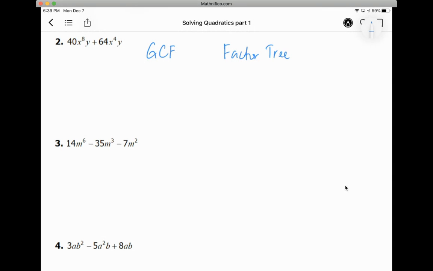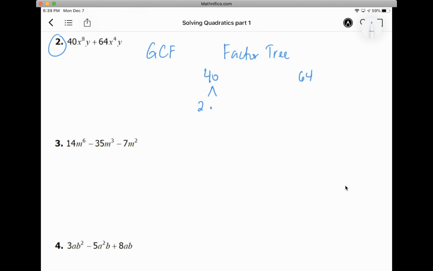So from the given example, example number 2, let's just take the constants. Let's try to find the factors of 40 and 64 using the factor tree. Let's start with 40. The least number I could divide 40 by is 2, the lowest number that I could divide it with.